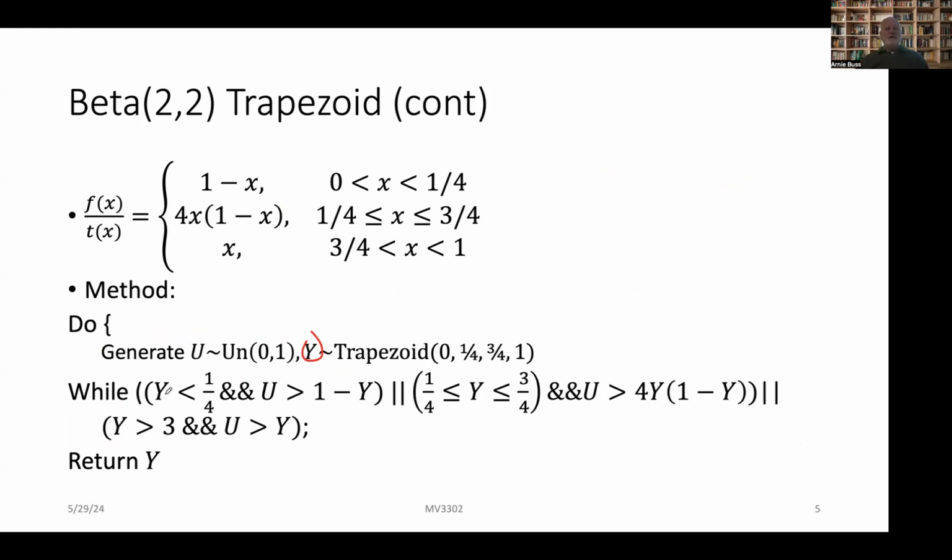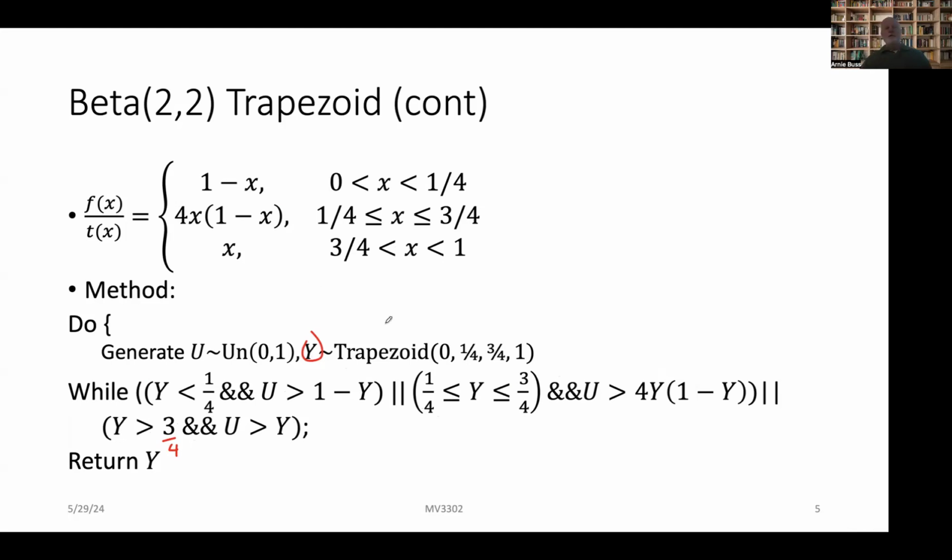So if y is less than 1/4 and u is bigger than this ratio, or y is between 1/4 and 3/4 and u is bigger than this ratio, or y is bigger than 3/4 (somehow the 4 got missing) and u is bigger than y, and then we return y.